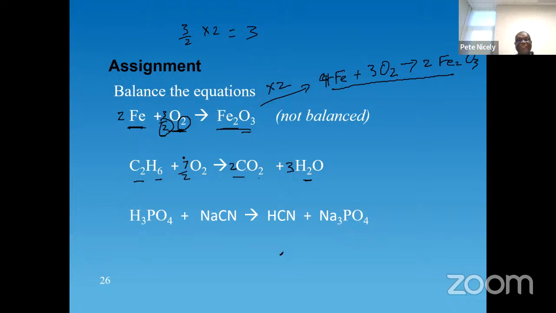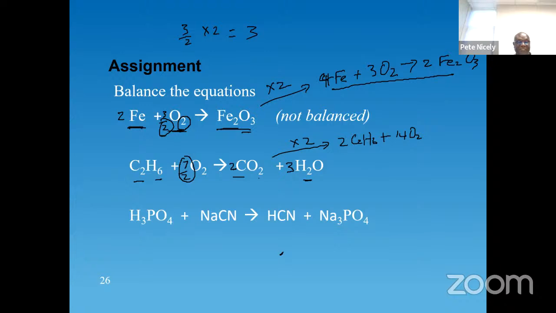Again, we need to get rid of this fraction here. So what I would do here is multiply again the entire equation by 2, and the result would be 2C2H6 plus 7O2.